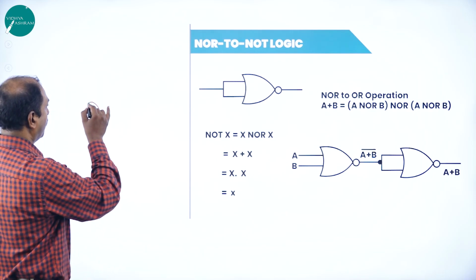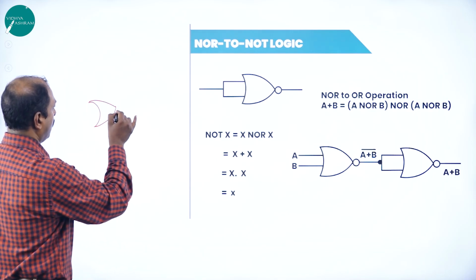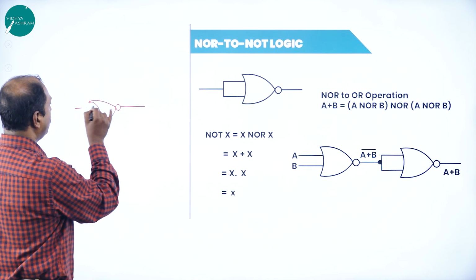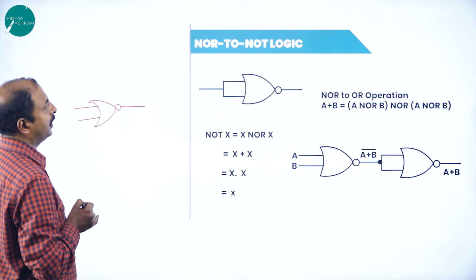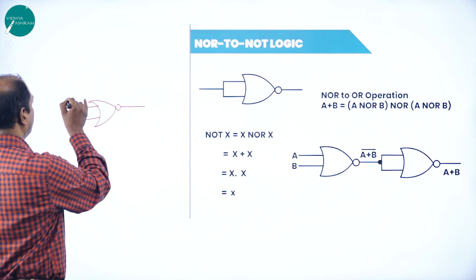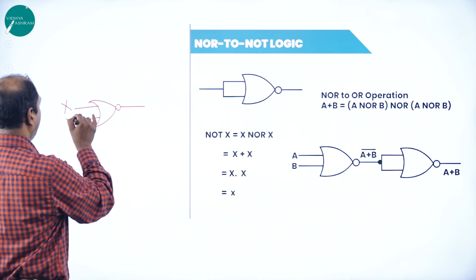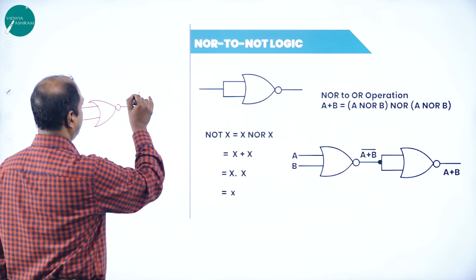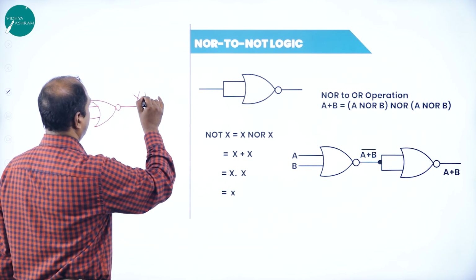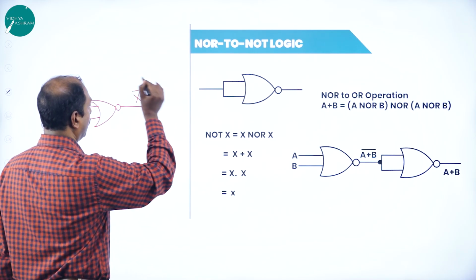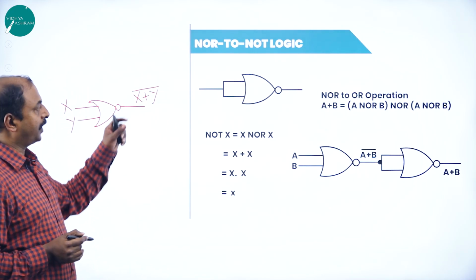This is an OR gate followed by NOT. This is your OR gate. Suppose this is X and Y. This is X plus Y bar.